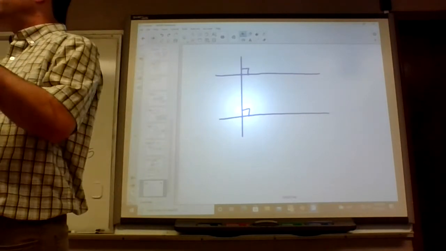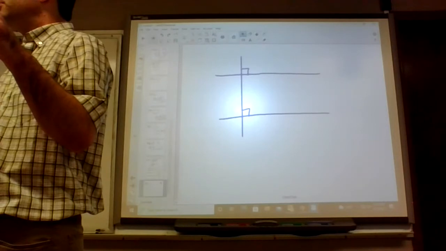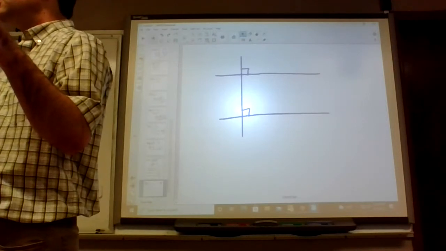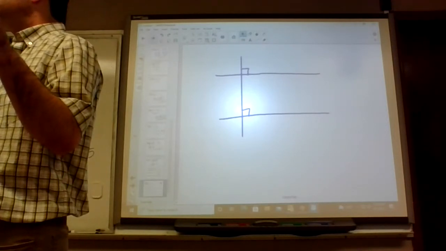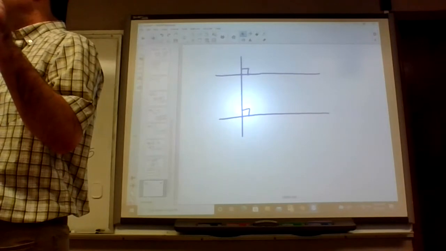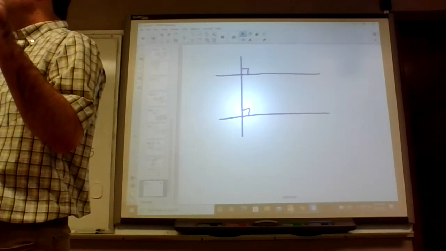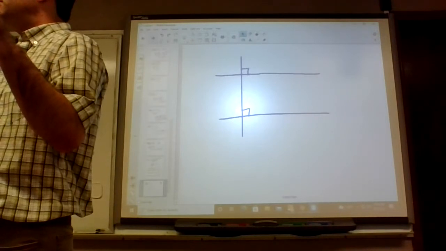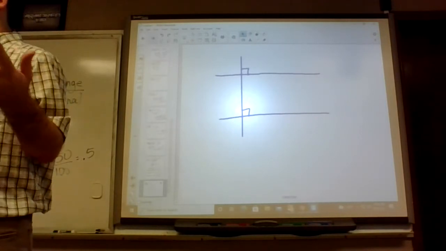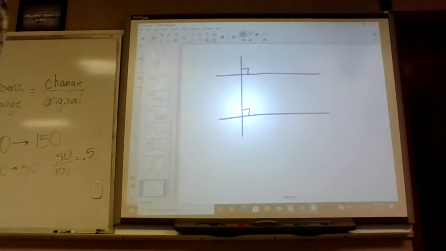What are those called, 4 and 5? Are they on the same side of the line? No. So they're alternate interior angles, which are always congruent if the lines are parallel. I want you to write 40 degrees, but you need to know the alternate interior thing for later.